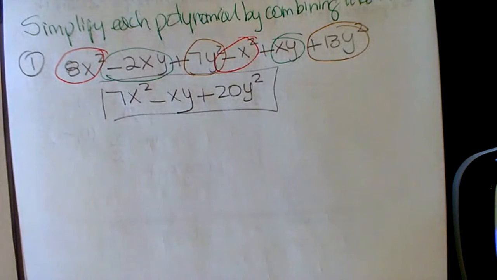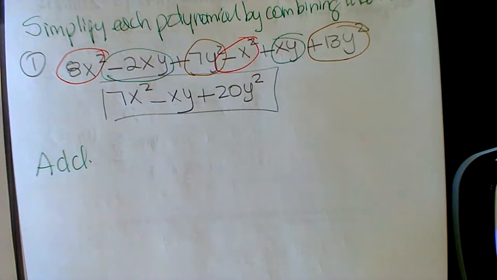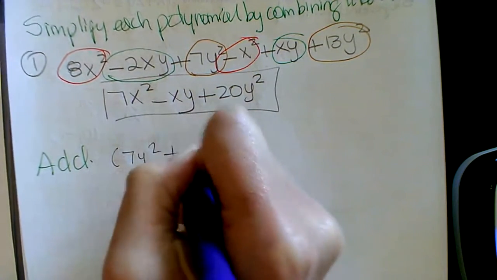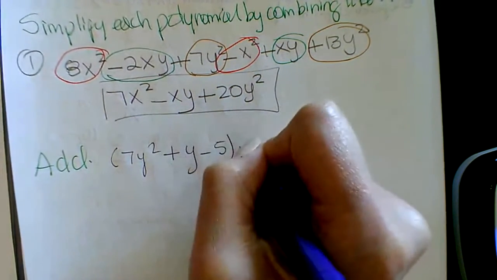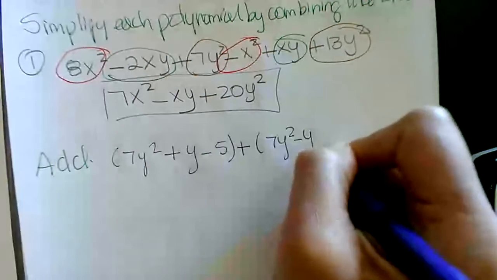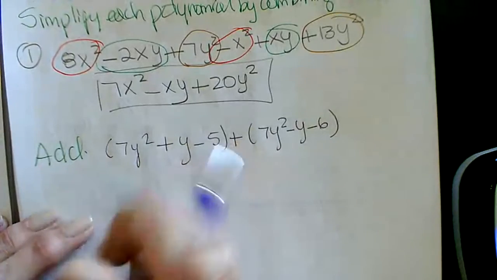If they ask me to add the polynomials, so if they're being given like this, another way to do it is I will write this down here.